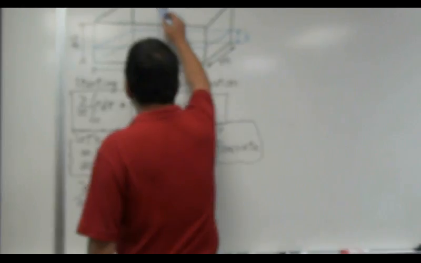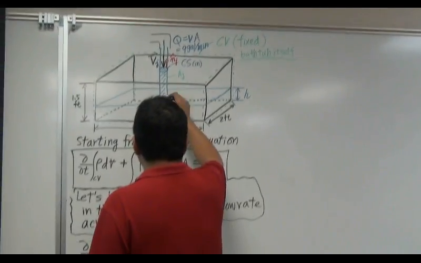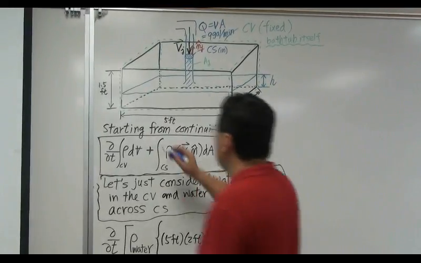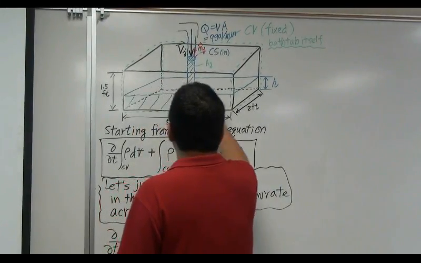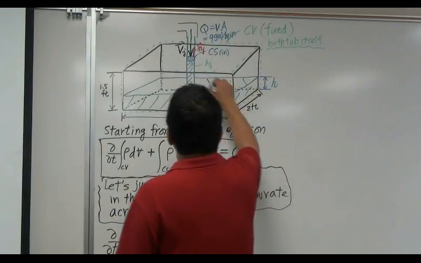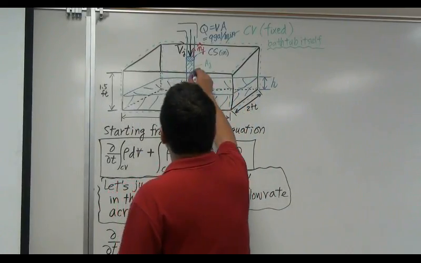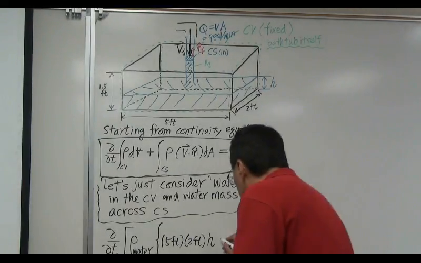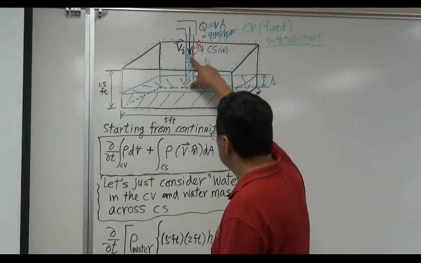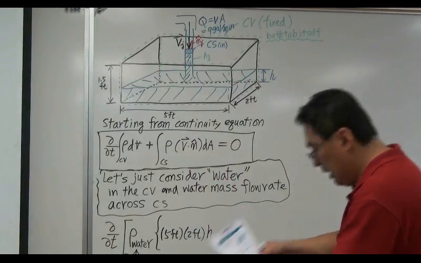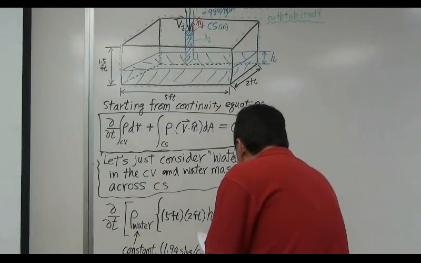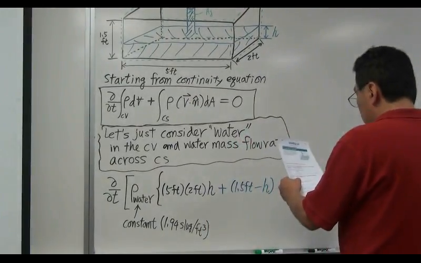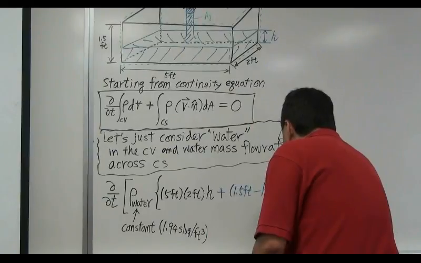No. This portion of the incoming stream is also water inside the control volume. So you have to add the volume of water of this much. That is 1.5 feet minus h, multiplied by the cross-section area A sub j.